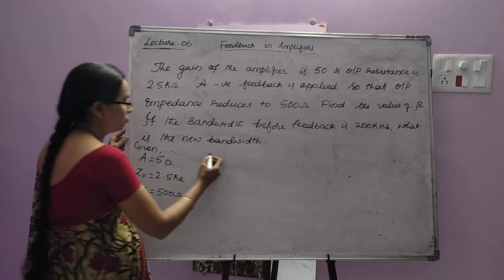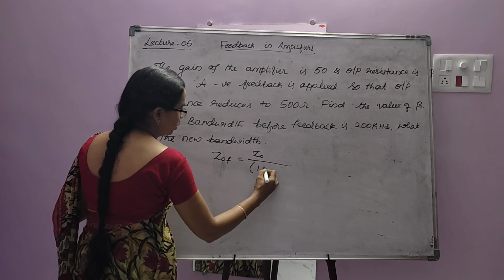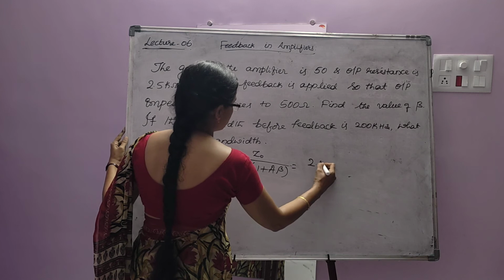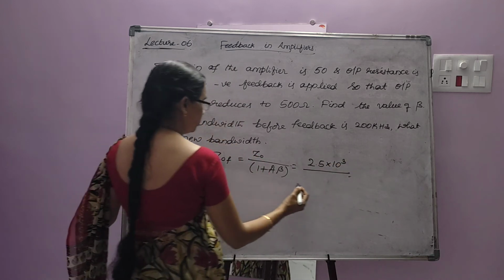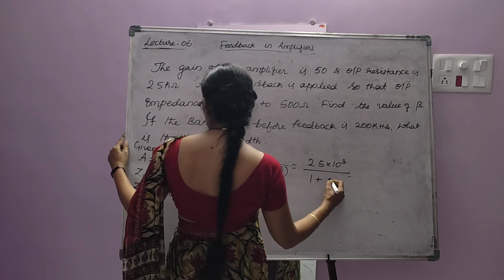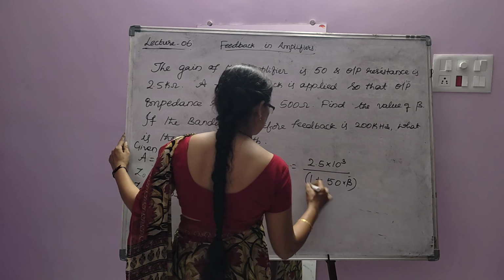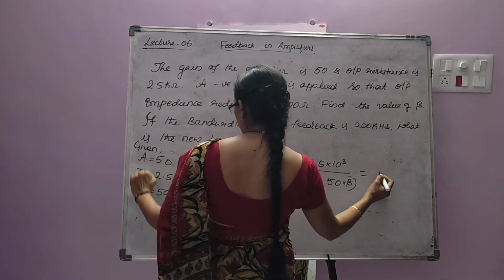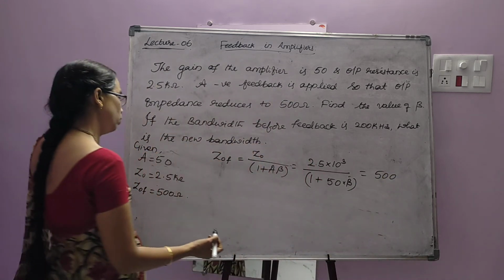Okay, we have a formula for output impedance. Z0F is equal to Z0 divided by 1 plus A beta. Z0 is given, that is 2.5 kilo, 2.5 into 10 to the power of 3. A is 50. Beta we don't know, but Z0F is given, that is 500 ohm.